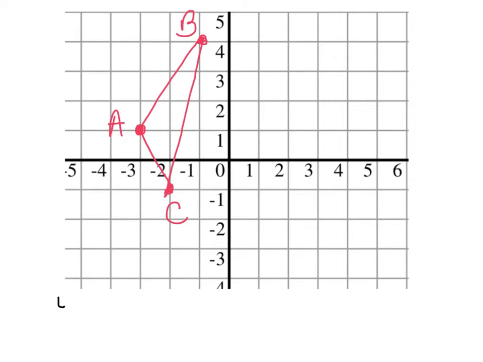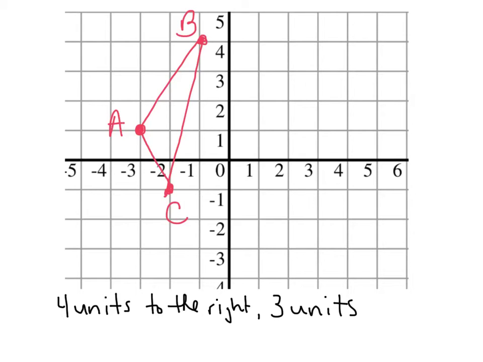So I'm going to write this down: 4 units to the right, 3 units down. And I'm going to graph the new image in blue. So I'm going to start with A. 4 units right, 1, 2, 3, 4. 3 units down, 1, 2, 3. So I'm going to put this in blue.